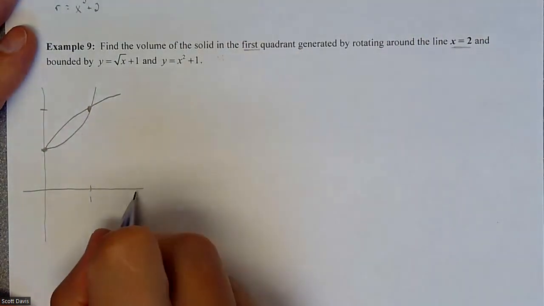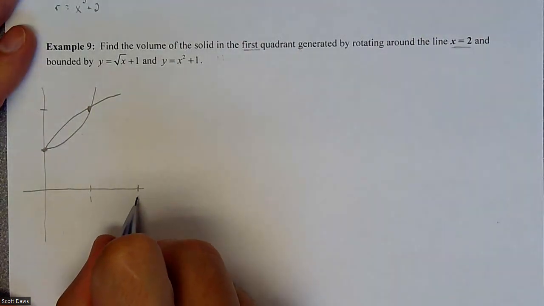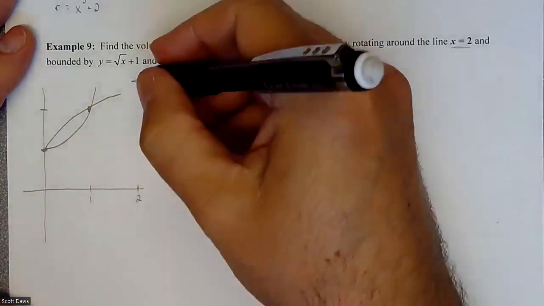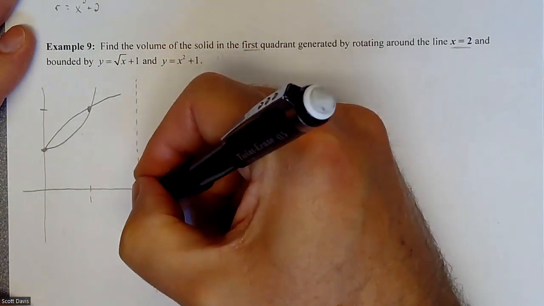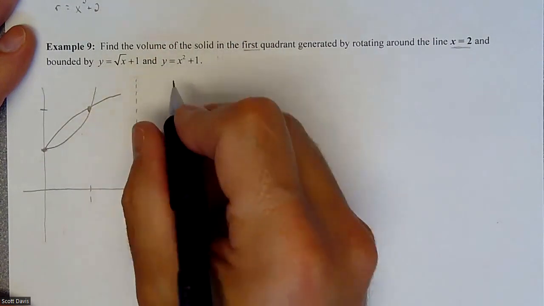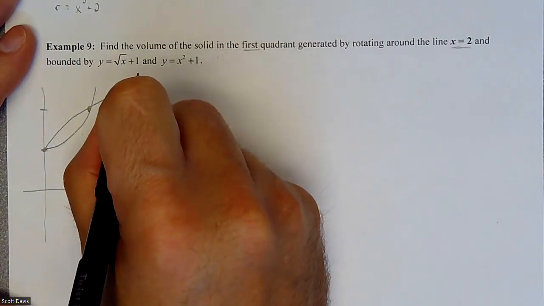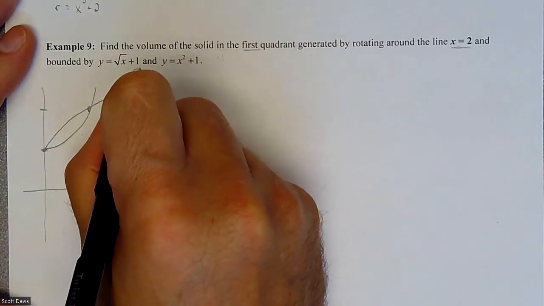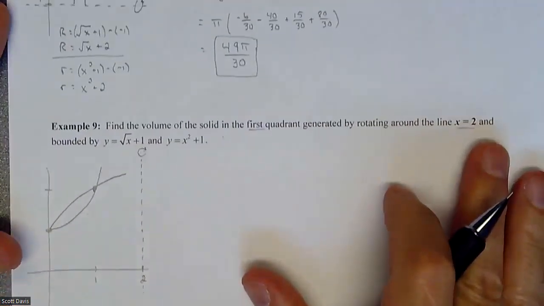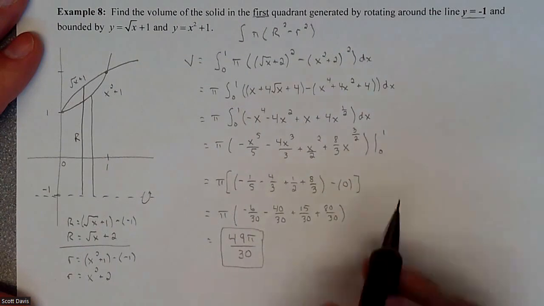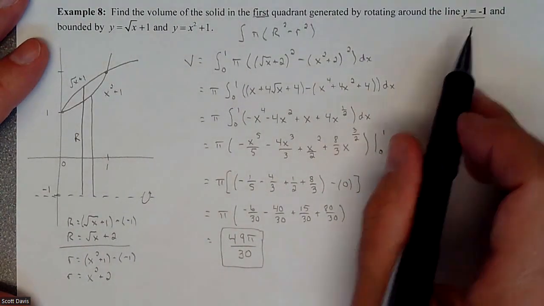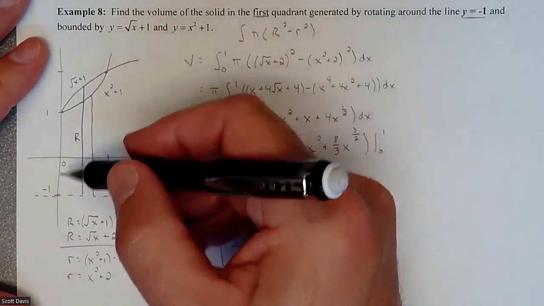Okay, and so we are rotating around this x equals 2 line, not a horizontal. So if we look back at this last one, we had the exact same two types of situations, and we were rotating it around the line y equals -1. And so we're rotating it around this way.